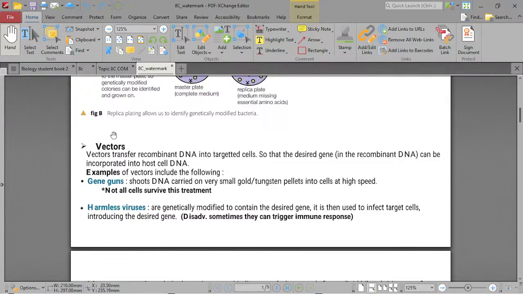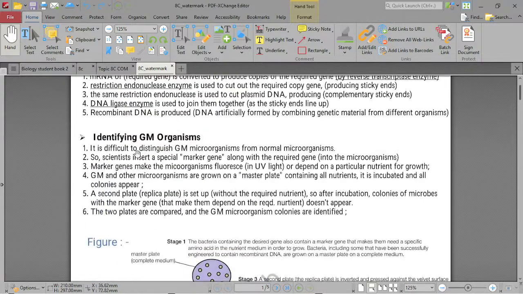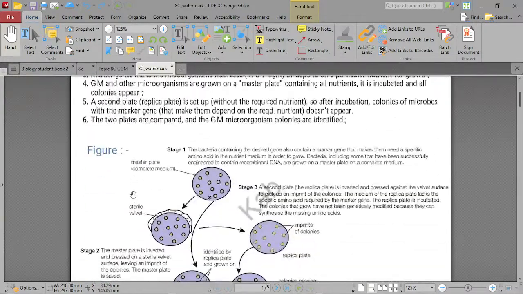The vectors in which we transfer recombinant DNA into the target cells, so as in we take the plasmid from a bacteria and then we remove it using that, what's it called? Endo, restriction endonuclease enzyme.